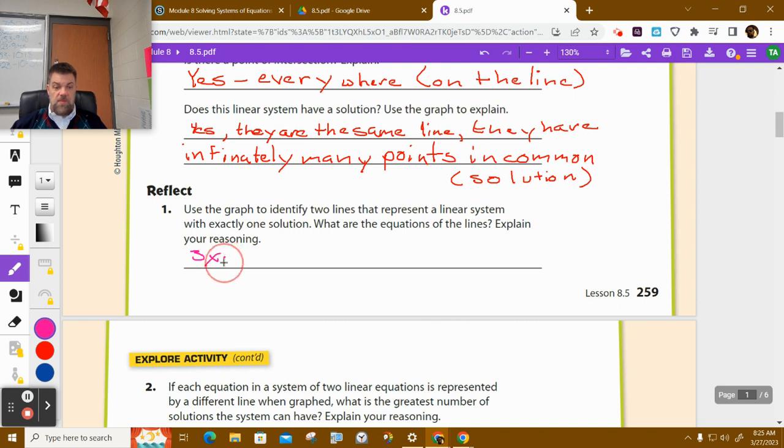And x plus y equals 7 has a solution at, I'm abbreviating the word solution.